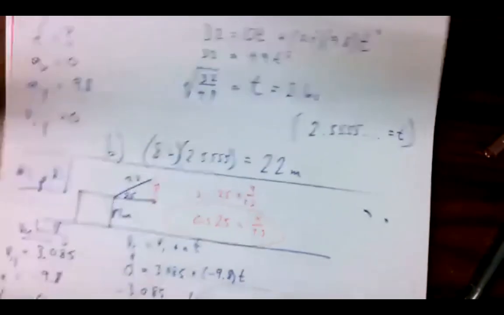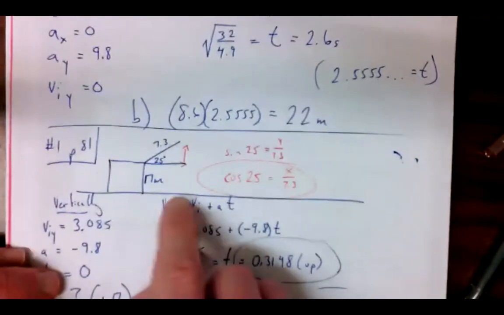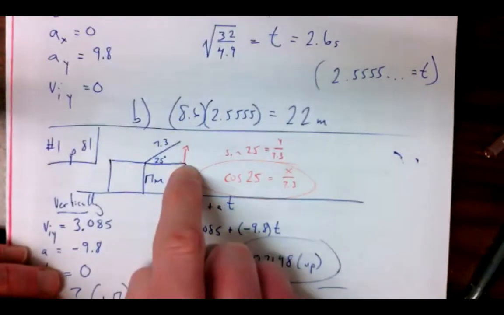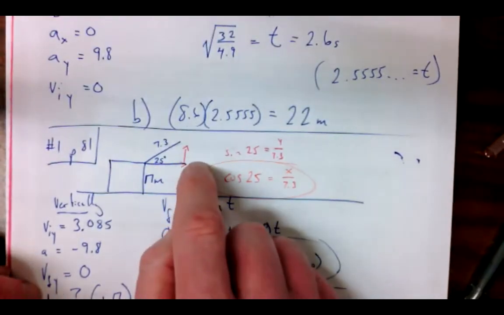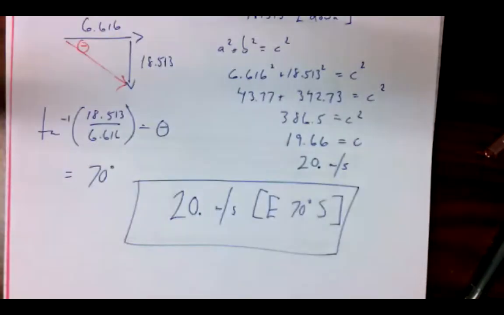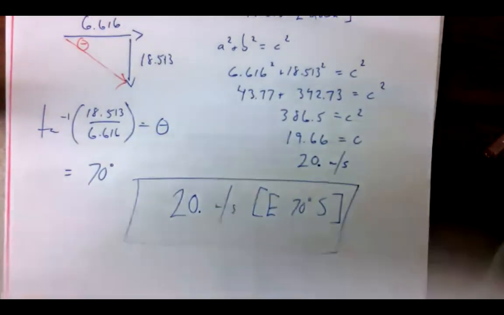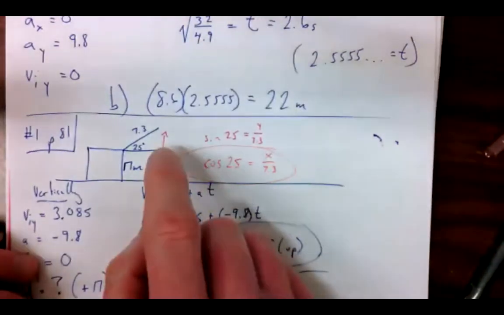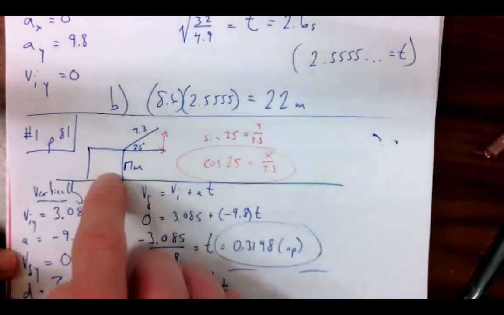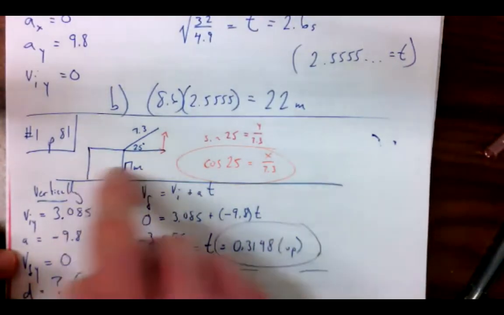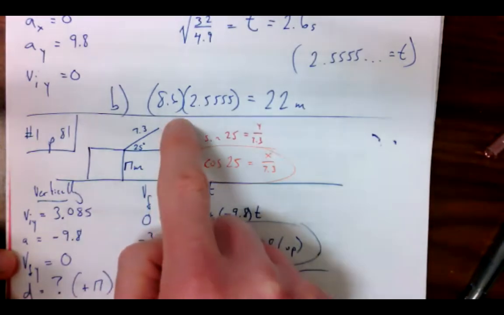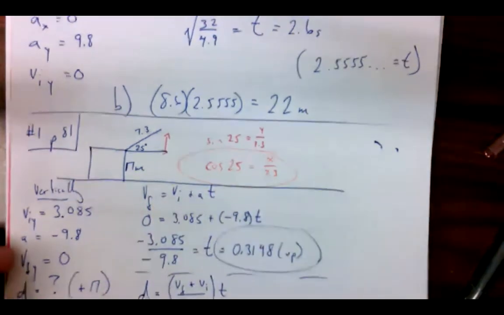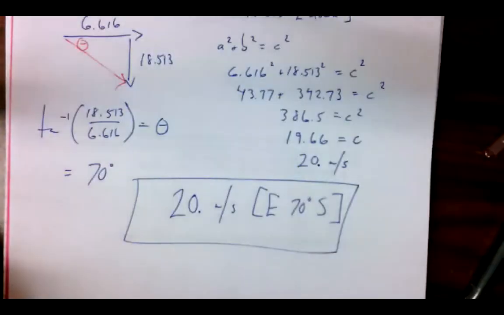Okay, so in the beginning, we needed the horizontal velocity and the vertical velocity. That all came into play for our velocity part. But we also needed time so we could find the range. And to get time, we need to figure out how long it takes to go up and how long it takes to come down. Okay, that makes sense.